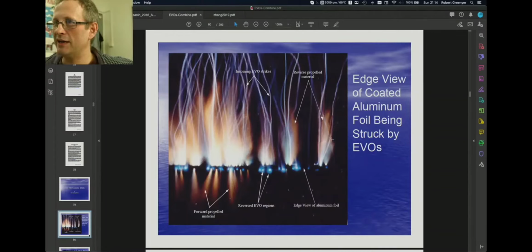Some of them have what he calls reversed Evo regions, where the Evo doesn't quite make it through the aluminium foil, and it blows out the backside the same way it came in, with all of the matter it has captured from the aluminium. Material is being thrown out the back here.